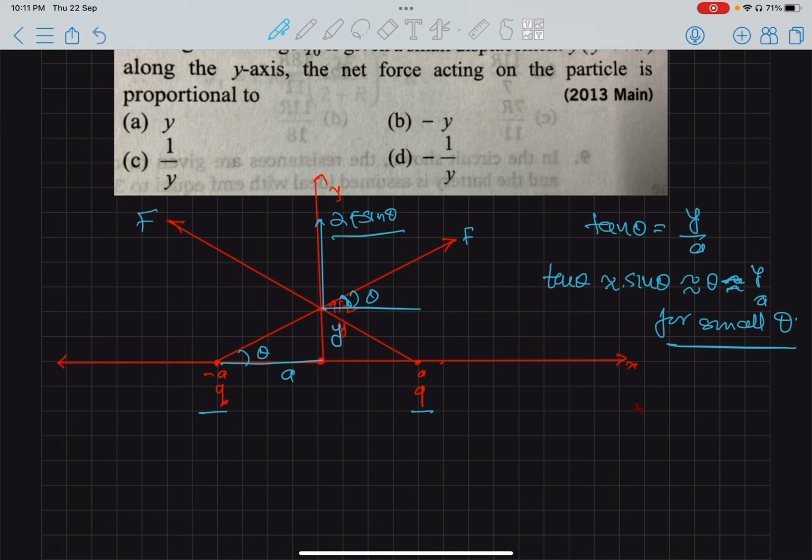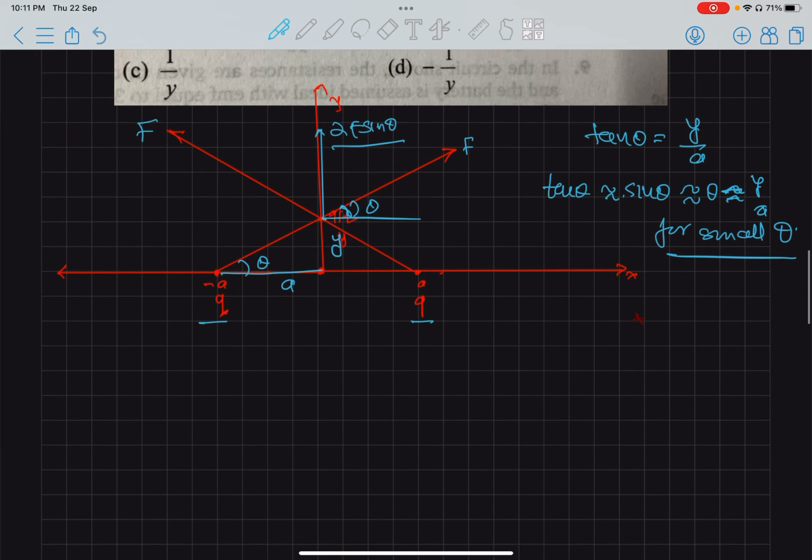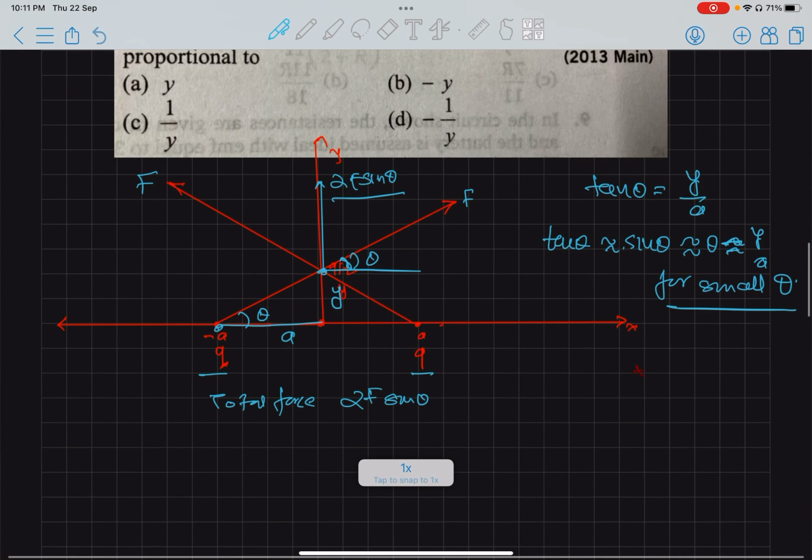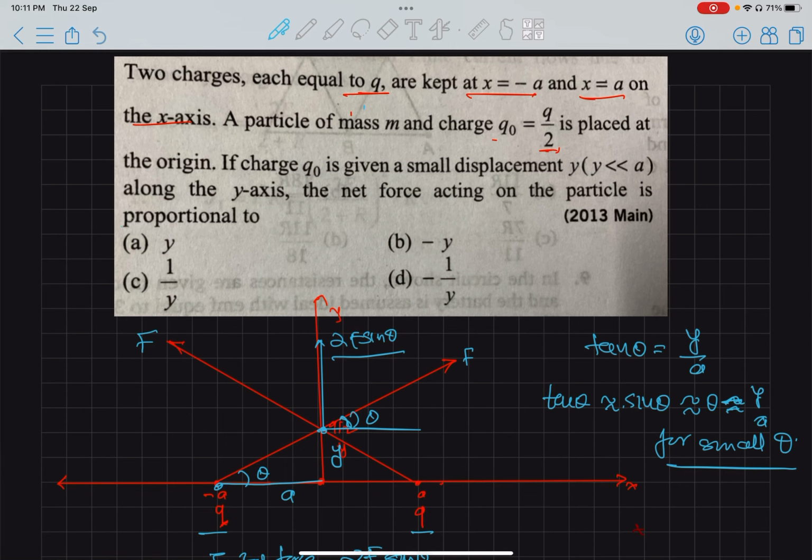Now let us come back to this force. The total force on this charge is 2F sin theta, where F is the force because of an individual charge, the force between these two. Please note that we don't have to carry each and every constant term, since we only need to calculate the proportionality, that is, what the force is proportional to.